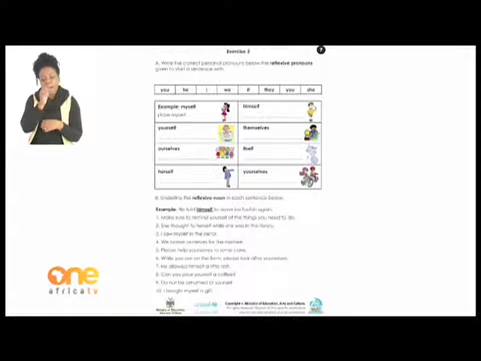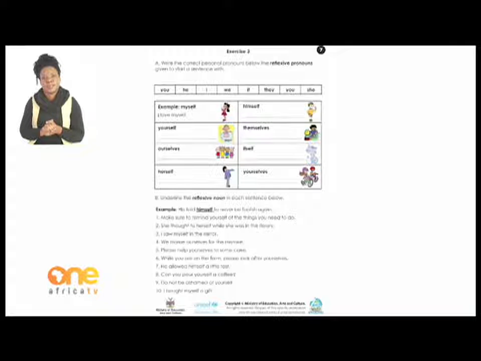Okay? Now, in the small box, you can see there are examples of personal pronouns. So what you are going to do is, example myself. Now, you are going to write a sentence using a personal pronoun that falls under myself. I have given you the example, and the example is, I love myself.